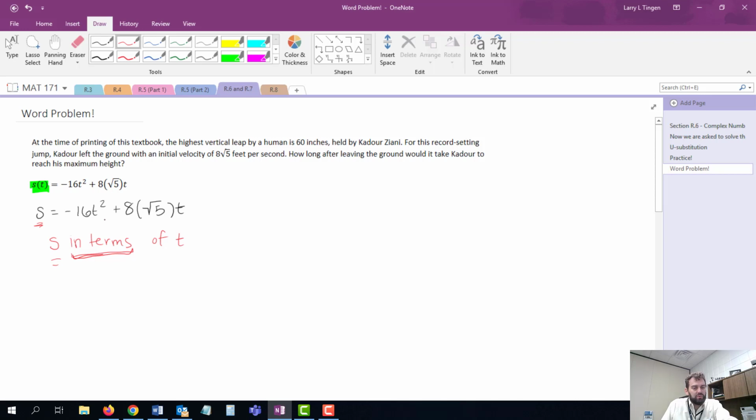Negative 16t squared is a term, it has a t in it. 8 times the square root of 5t is a term. So I have s in terms of t, right? All those words, when we say them, they have a meaning. S in terms of t, or s of t. But let's get rid of all of this extra fluff, and let's tackle this problem.